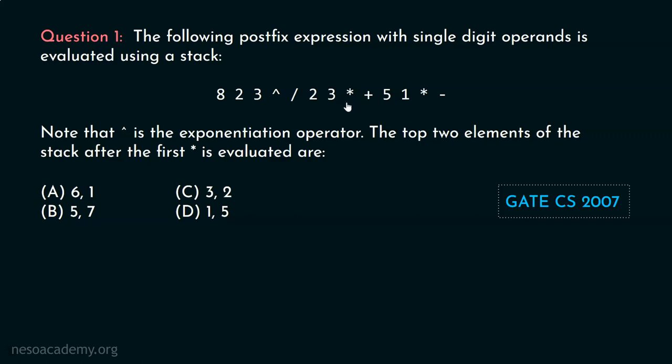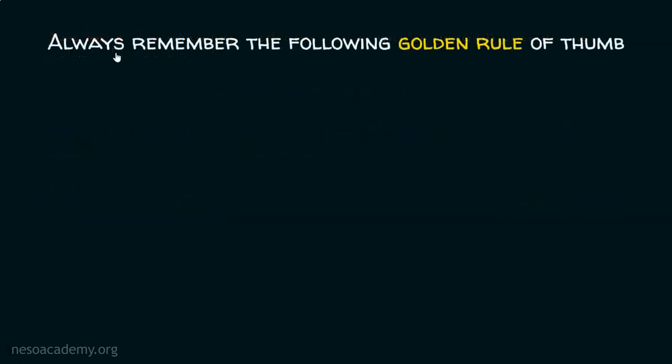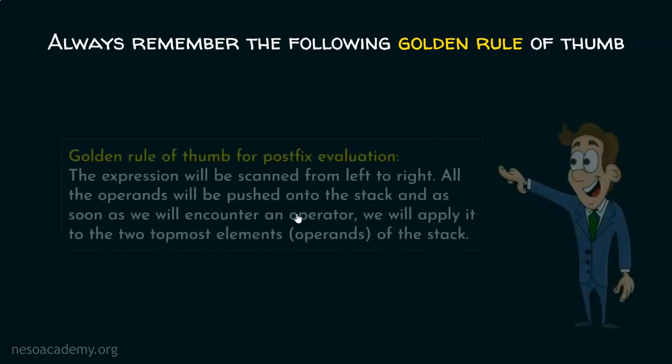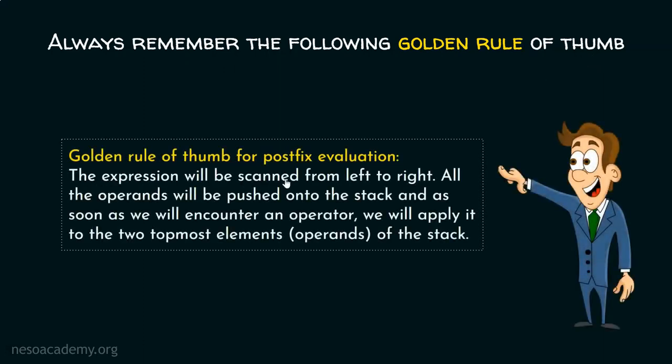Okay. So let's see how to solve these types of problems. Always remember the following golden rule of thumb. I would like to give the golden rule of thumb in order to evaluate a postfix expression, and here is the rule. The expression will be scanned from left to right. It is important that our expression must be scanned from left to right. All the operands will be pushed onto the stack.